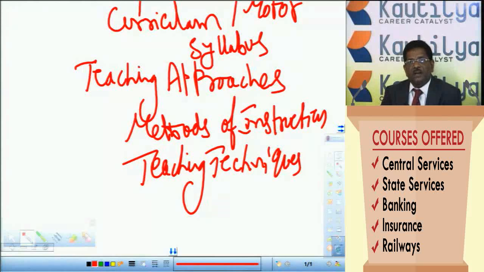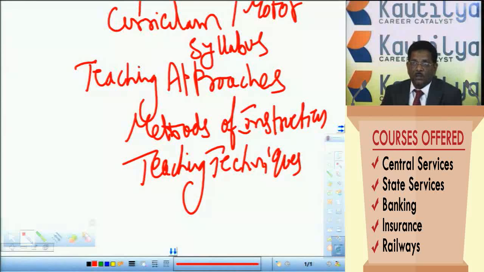These factors should be taken into consideration before selecting the suitable teaching approach, method of instruction, or teaching technique. The approach or method or technique which is implemented for one particular content or any subtopic in that content may or may not be suitable to teach other subjects or other topics in the same subject.